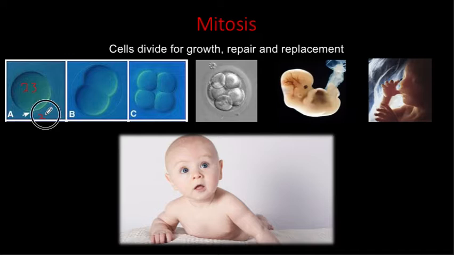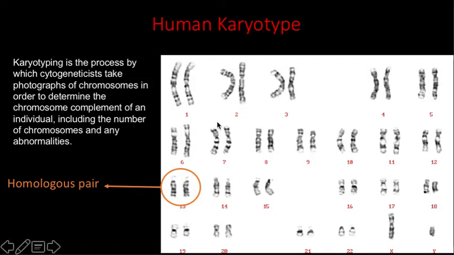But the sperm cell has 23, and once fertilization happens, each cell after that will have a total of 46 chromosomes, which represents all of the genetic material within the nucleus of each cell. So that's why we say 23 pairs. 23 pairs gives you a total of 46.